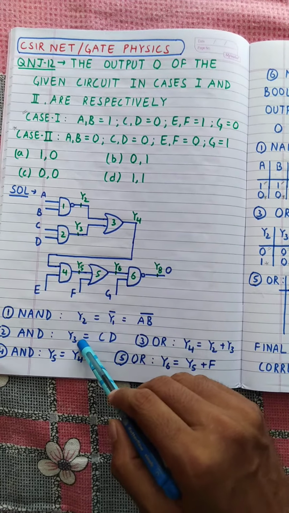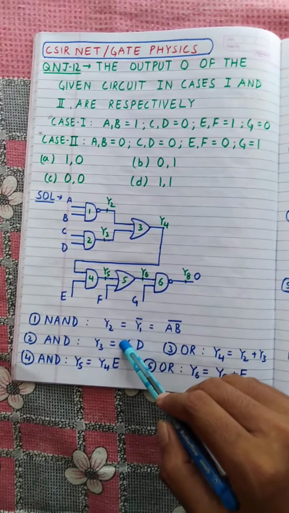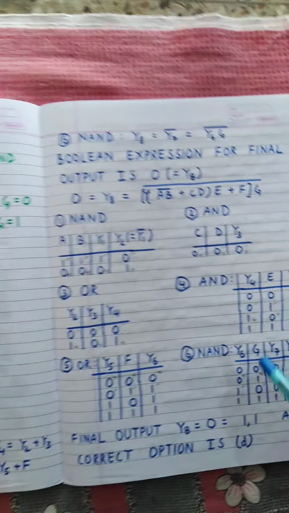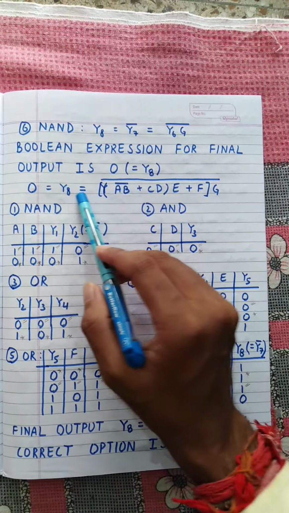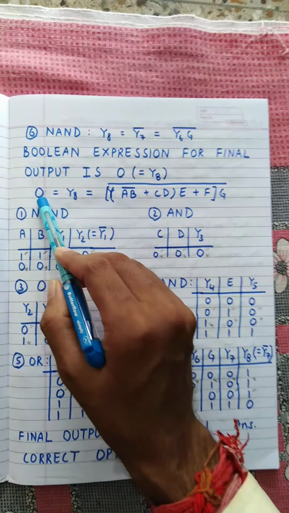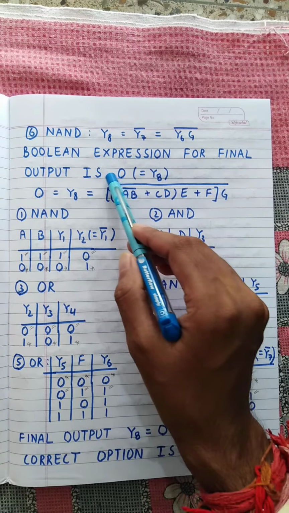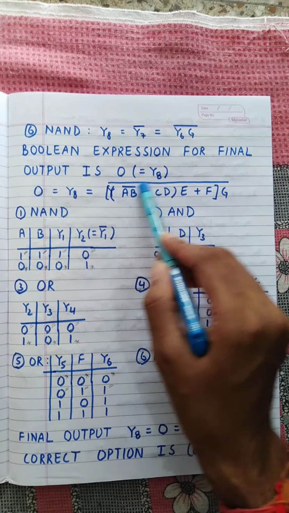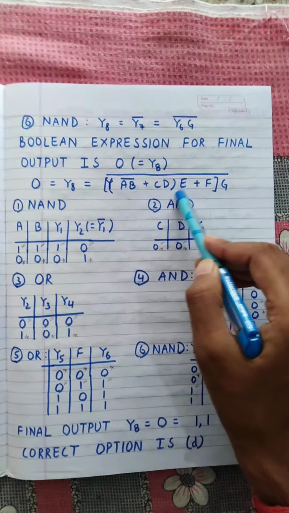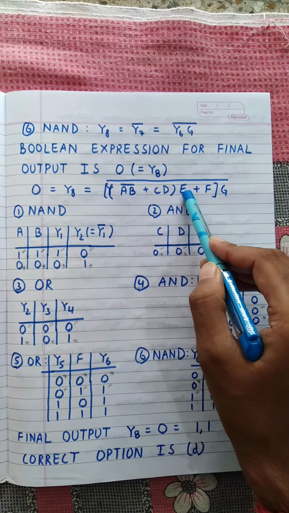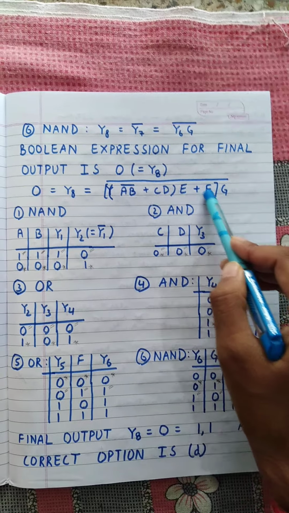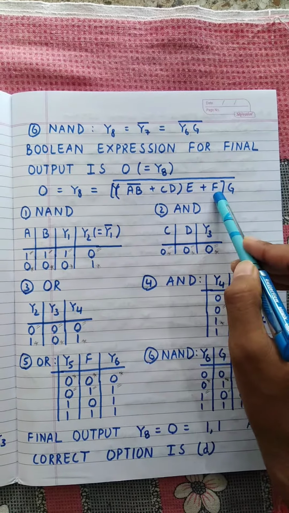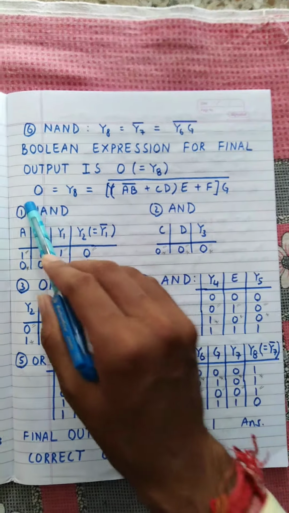Then Y2 and Y3 are replaced by their respective Boolean expressions. Solving carefully, the final expression for the output O, which is Y8, will be ((AB bar plus CD) AND E, OR F), AND G, then whole bar.